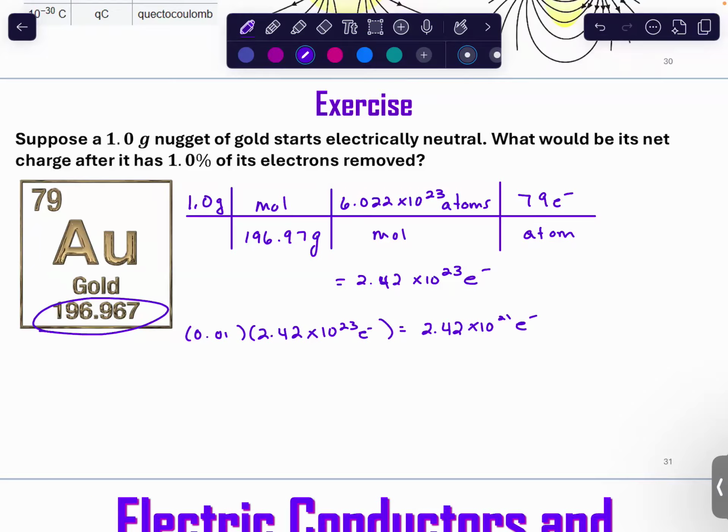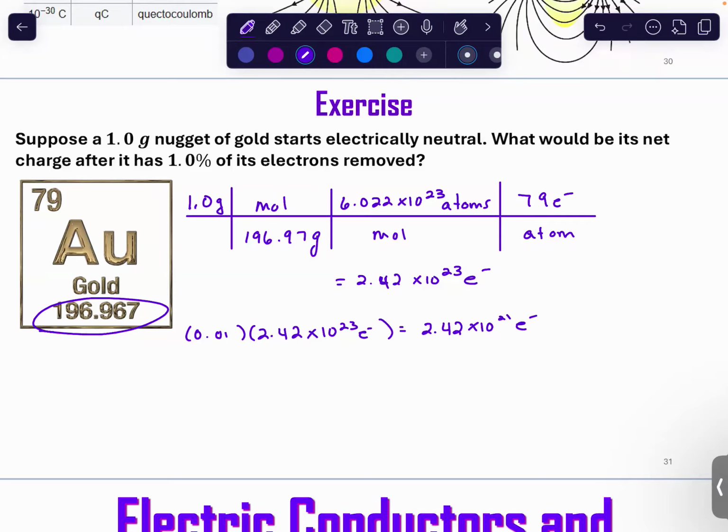Yeah, so here's the deal. We now have a total imbalance of 2.42 times 10 to the 21st. That's how many protons have been exposed. So how do I figure out the total charge of the 1 gram from that? I've swept away this many electrons, which means I've exposed how many protons? That'll tell you how many electrons are left, but all of those electrons that are left are neutralizing other protons.